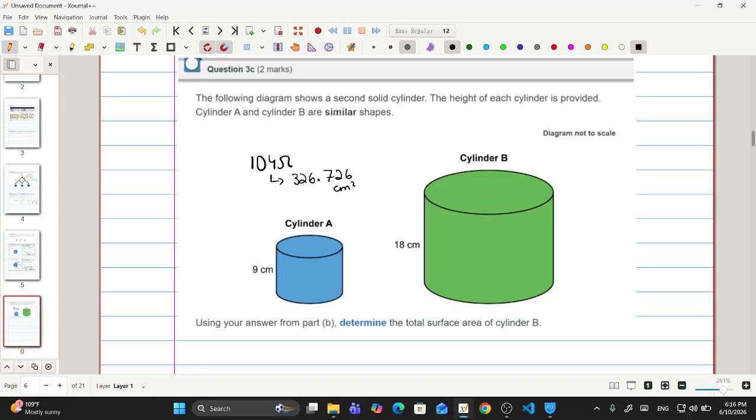Now it's clear that, whenever we are solving questions of similarity, we always consider the idea of a scale factor, which is k. Now you can see that if you divide the height of B by the height of A, you would get an answer of positive 2, right? Because 18 divided by 9 is basically 2.